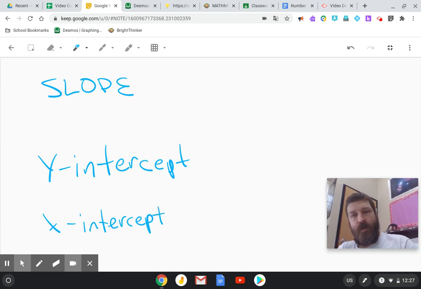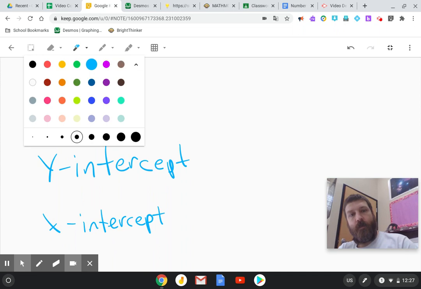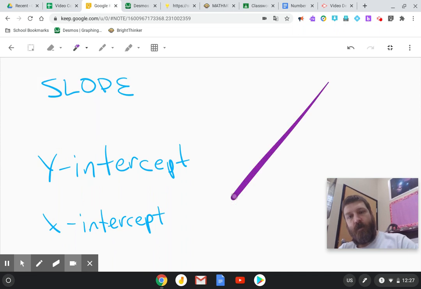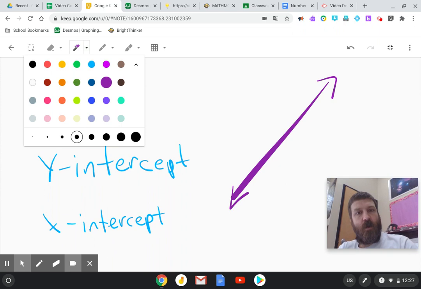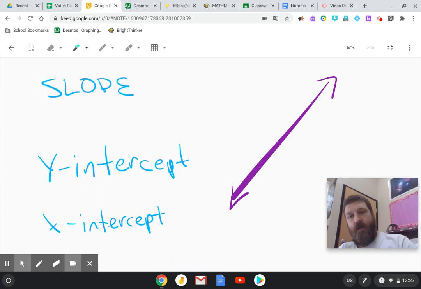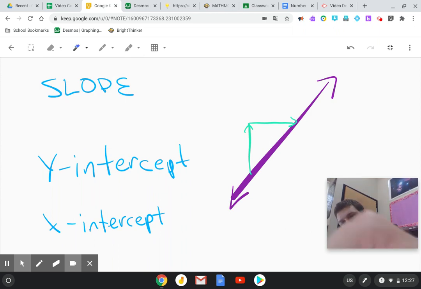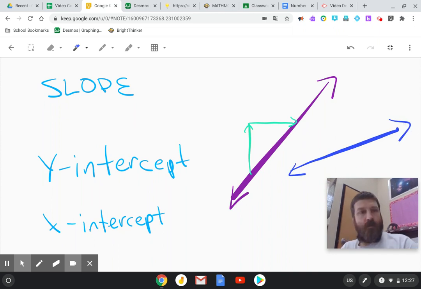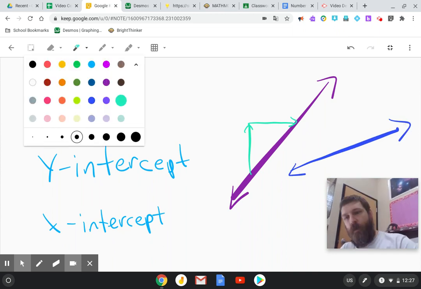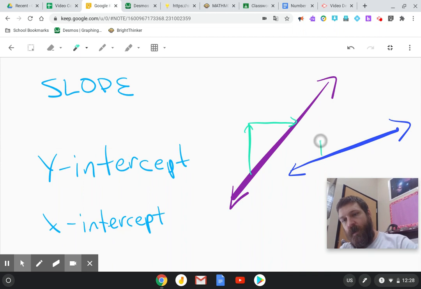So the slope. In general, when I look at a line, we're talking about linear functions. The slope tells me about what is the change that is occurring to this line. So the slope of this line that you see in purple is different than maybe the slope of this line you see in blue, because the purple line goes quite a bit more up for every amount it goes over.